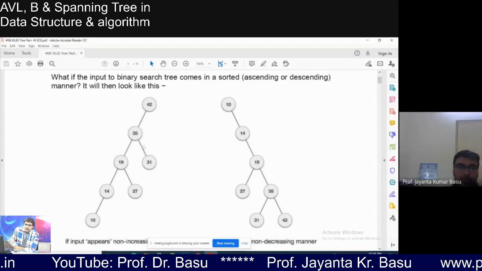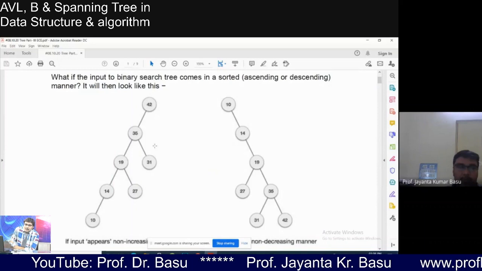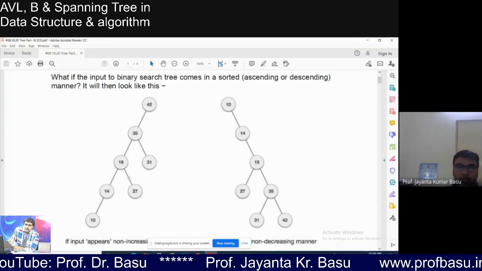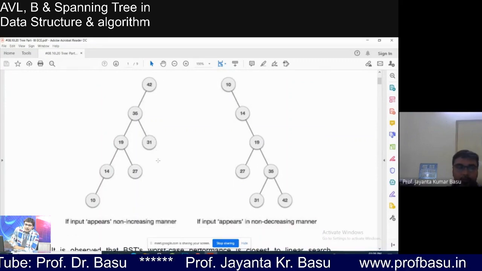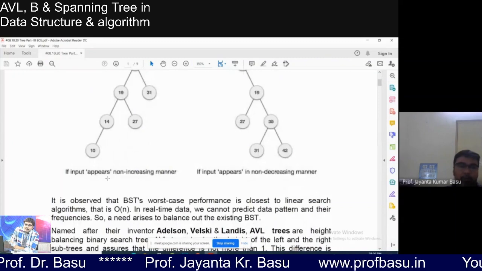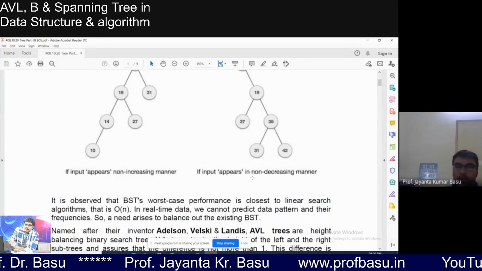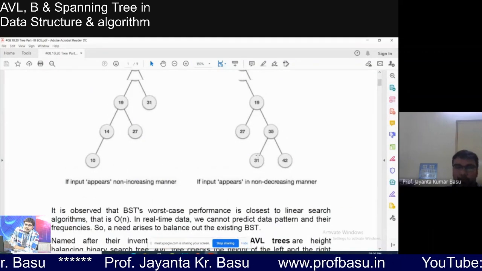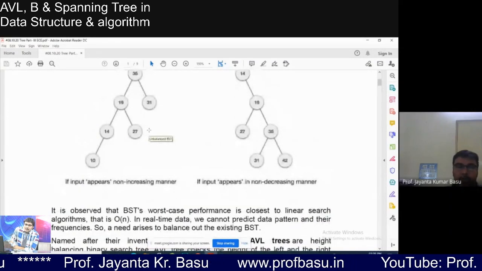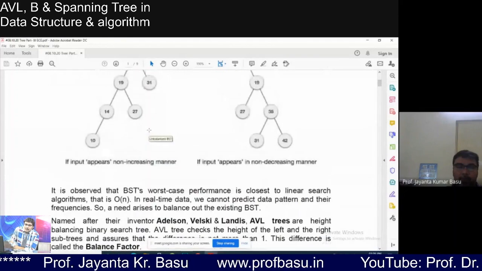So you can see this is a tree with certain key values, the different nodes. Anyways, the factor, we call it balance factor.